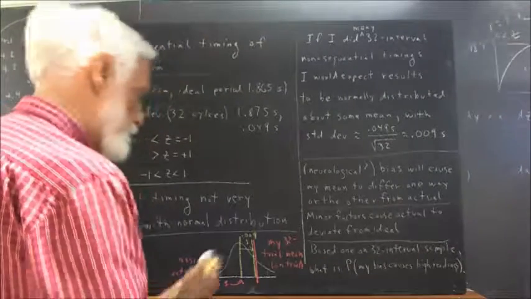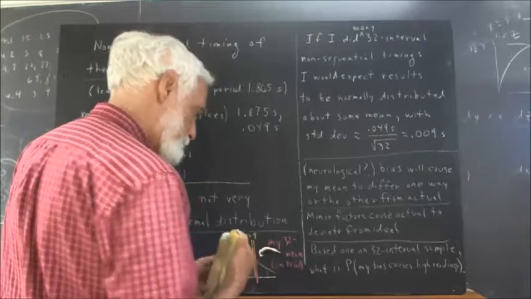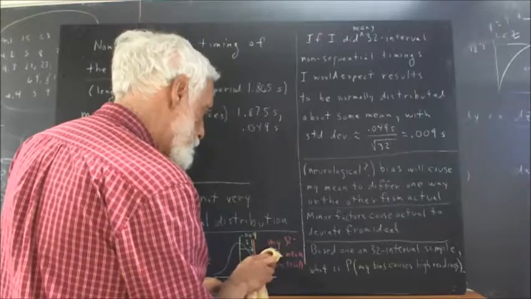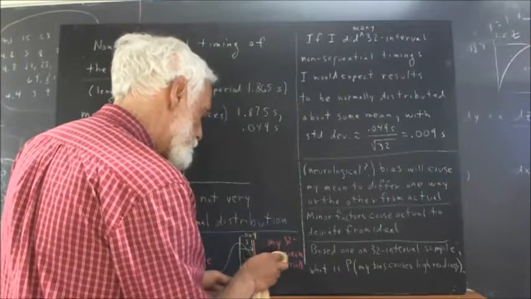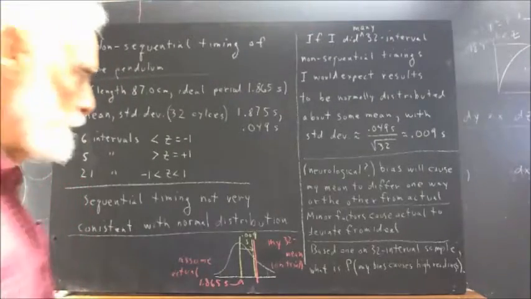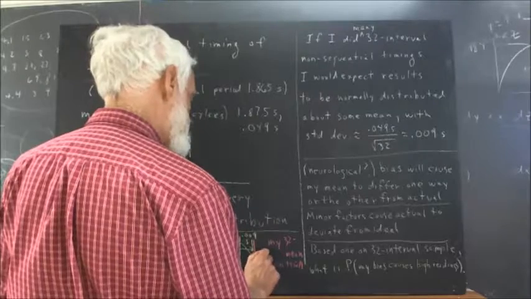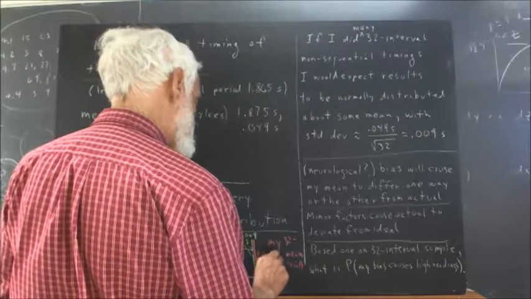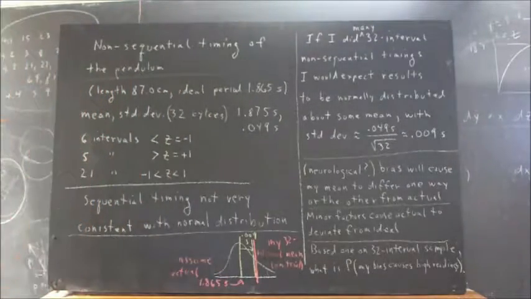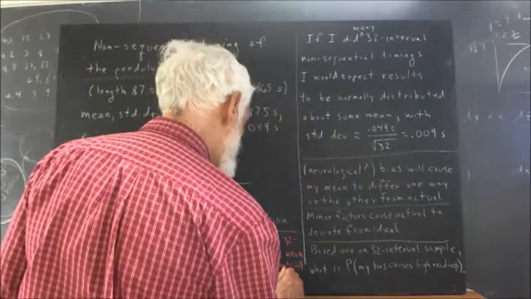I've got way too much of this stuff. I'm unlikely to be able to correct this very neatly, but let's try anyway. Okay, so I'm going to call this not a 32 trial mean, but a 32 interval trial. Okay, that word interval might be a little hard to read, but that's one trial.